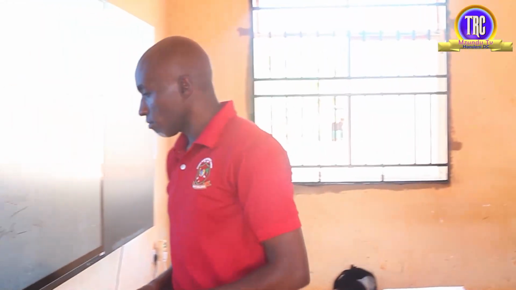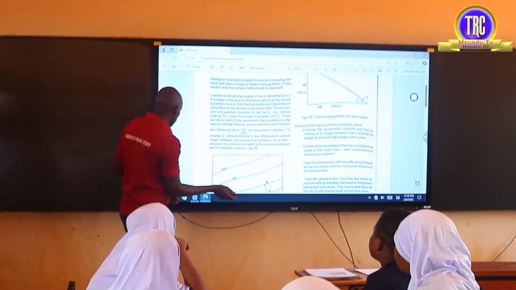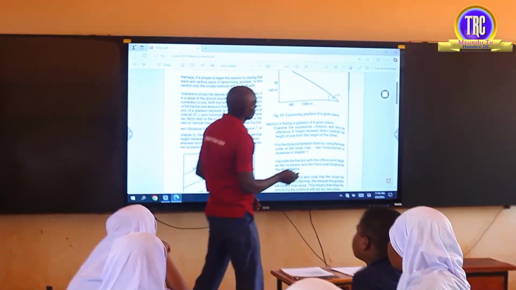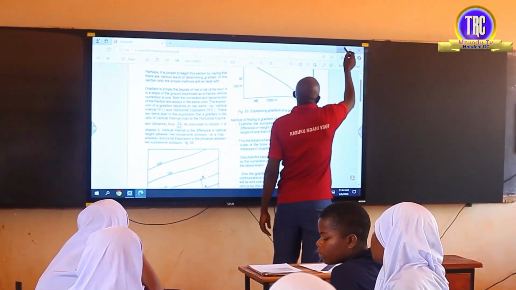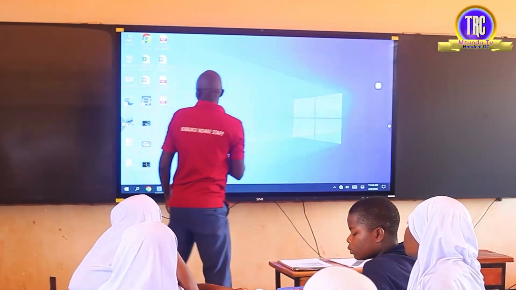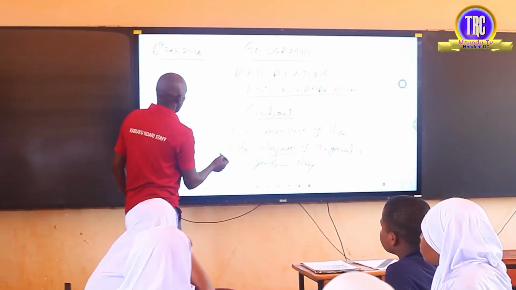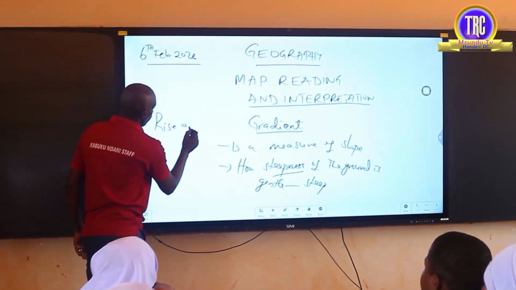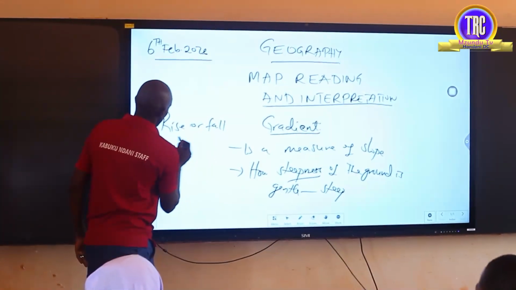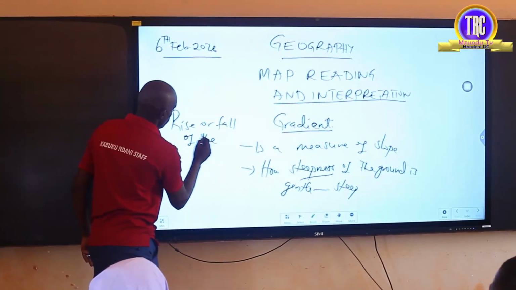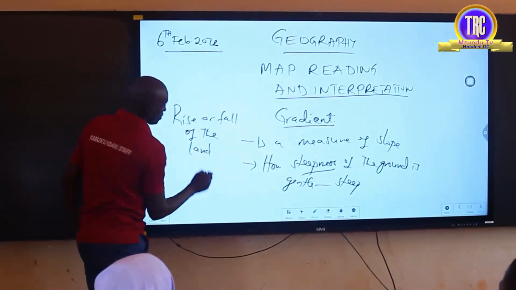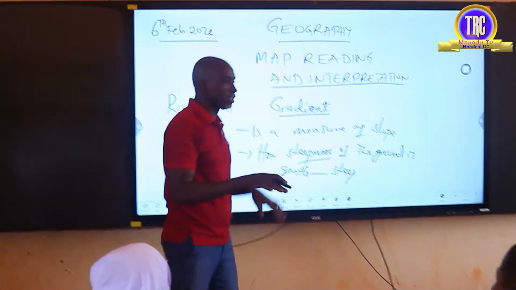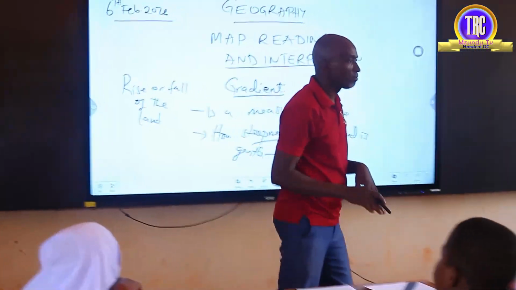So we say gradient is a degree of rise or fall of the land. Is the land surface rising or is the land surface falling?